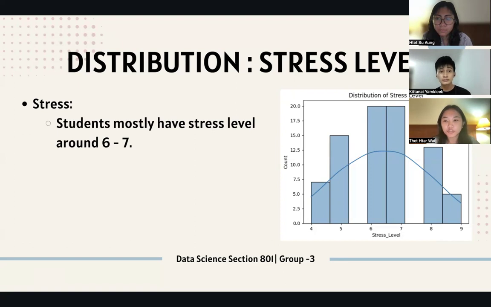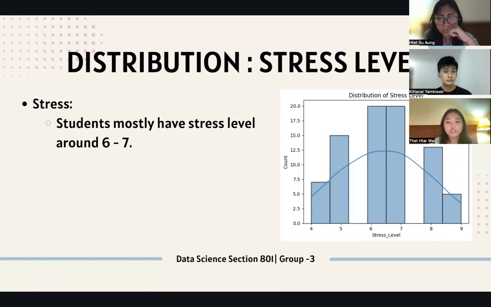In this distribution, this graph shows the stress level of the students. This graph shows the distribution of the stress level among the group of students.